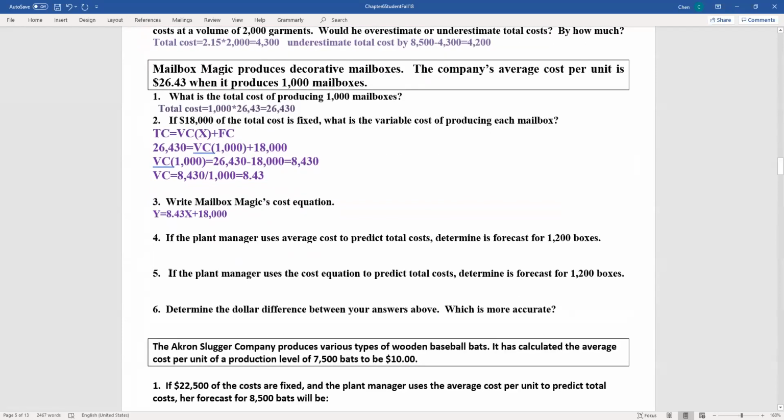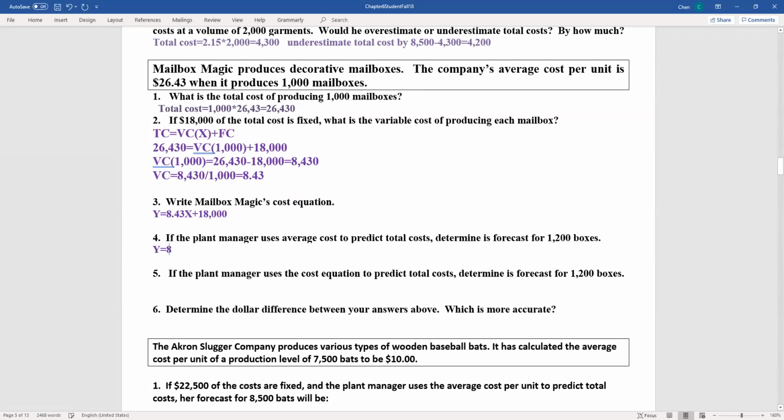If the plant manager uses the cost equation to forecast total cost for 1,200 boxes, you're going to figure out y equal to, let me make it purple.